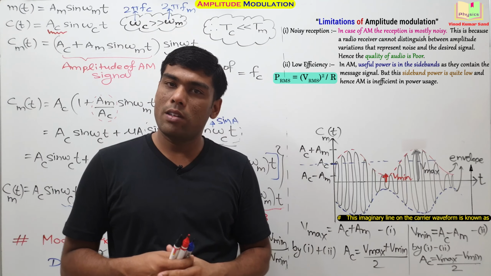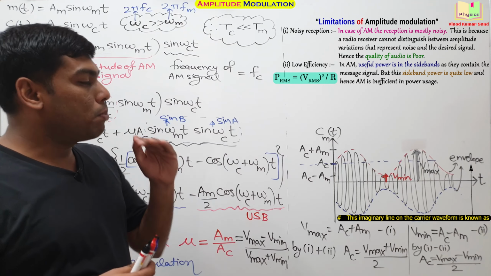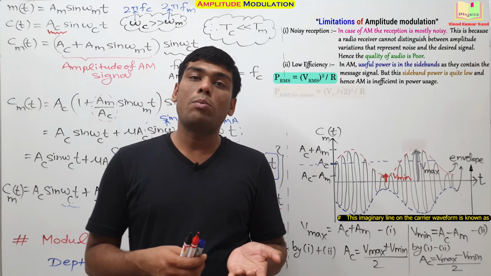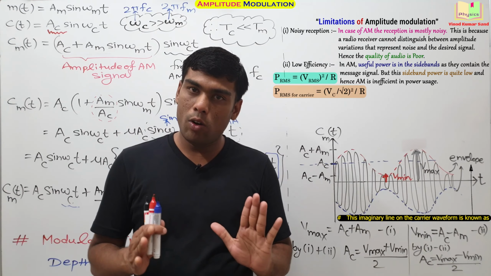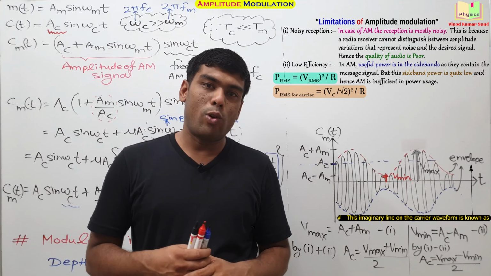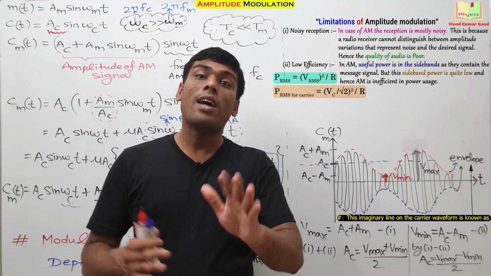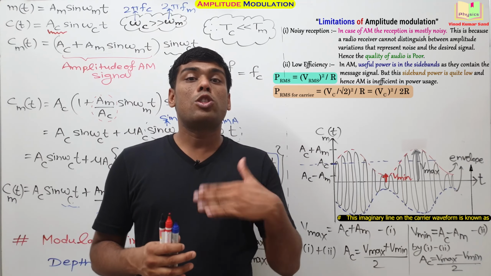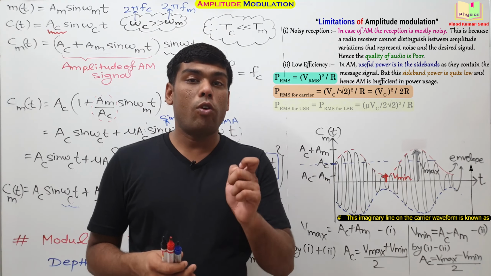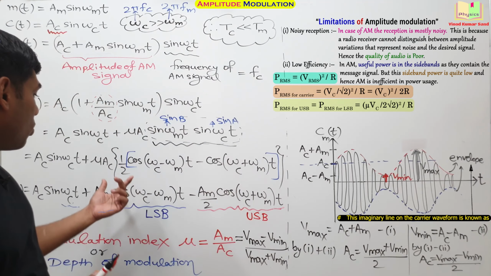Let's say we are transmitting the signal through the antenna. Prms for the carrier signal will be Vc by root 2 whole square divided by R. Got it? Vc is the peak carrier voltage, and Vc by root 2 gives you the RMS voltage for the carrier signal. Done. Similarly, we can find the power for the LSB and USB.